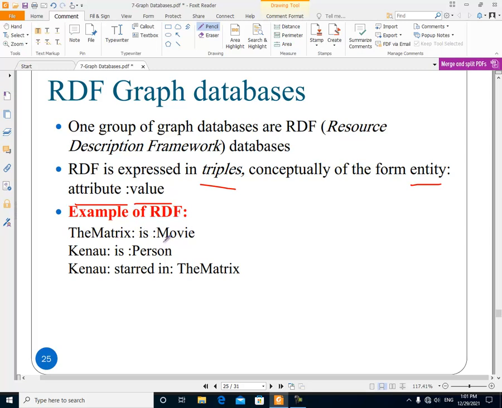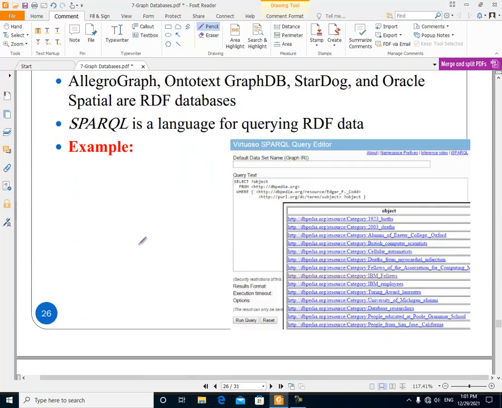The entity is the Matrix, the attribute is type, and the value is movie. So RDF is that special format which is used in RDF graph databases.